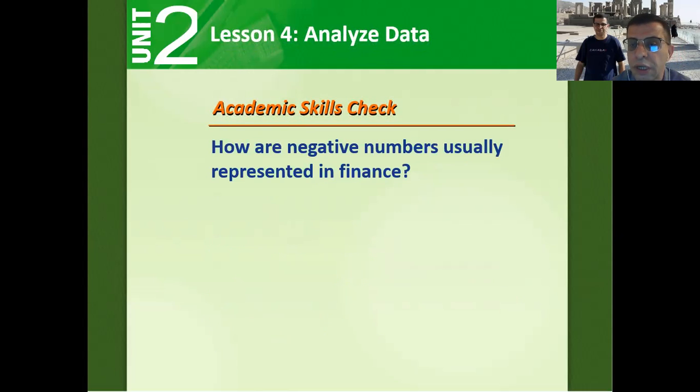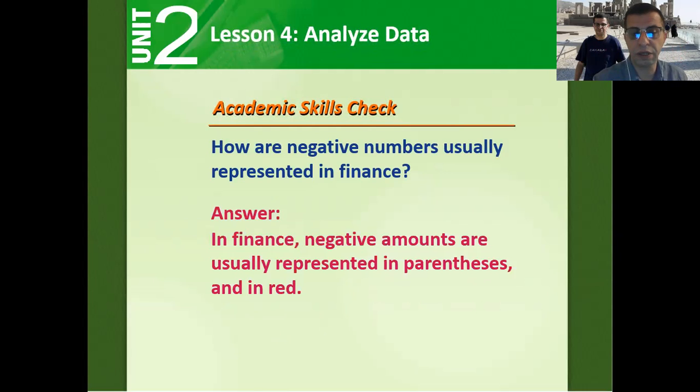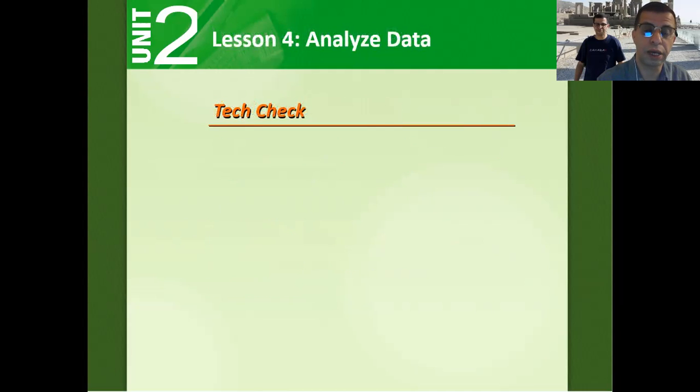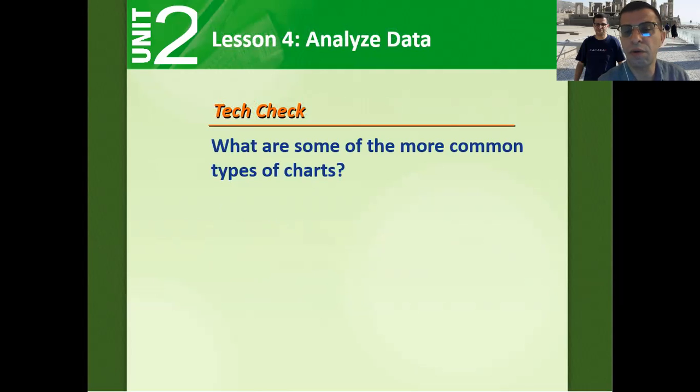Let's do some more academic skills. Check how a negative number is usually represented in finance. In finance, negative numbers are usually represented in parentheses and in red. These two put together. What are some of the more common types of charts?